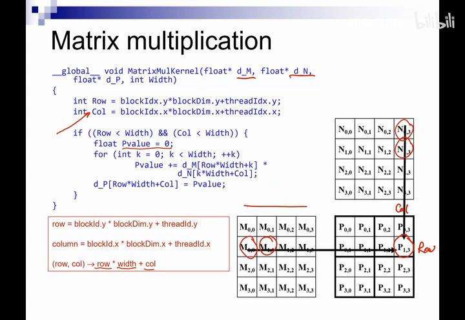So you take the row times the width, and then our index here is k. So k is going to go from 0 up to width minus 1, just like over here, so you add the k.